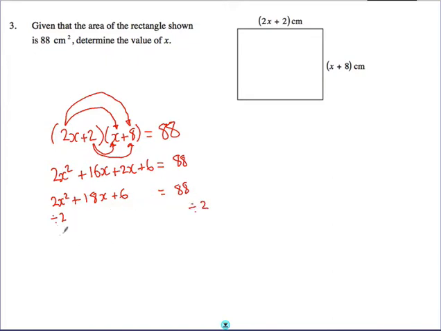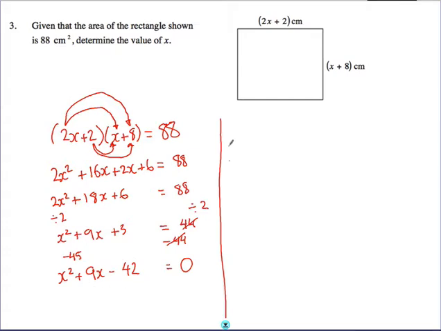So every single term divided by 2, 2x squared divided by 2 is just x squared, plus 9x, plus 3 is equal to 44. I'm going to subtract 44 from this side, balance it out, doing the same thing on the other side. That cancels out to give us 0, and this is just x squared plus 9x. 3 take away 45 is minus 42.